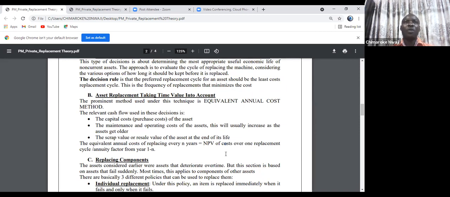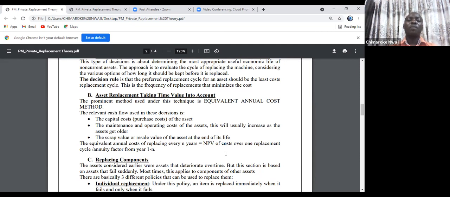if you are going to replace the assets every 1 year, what is the annual equivalent cost you are going to be making each year? If you are going to replace the asset every 2 years, what is the equivalent cost you are going to be making each year for the 2 years?